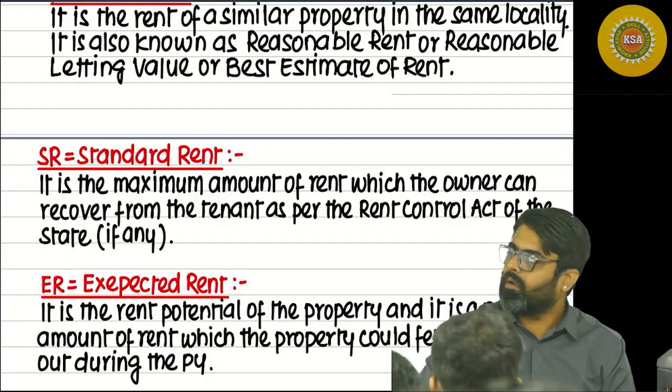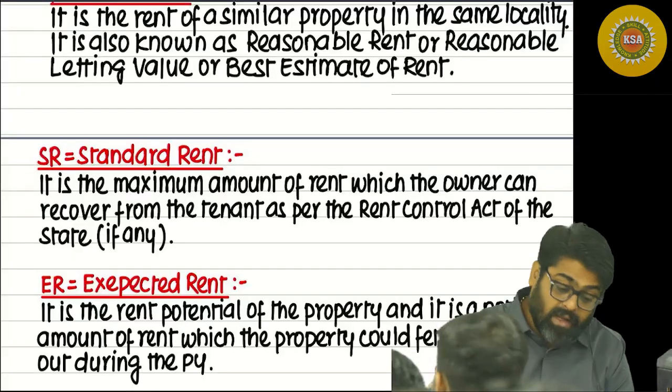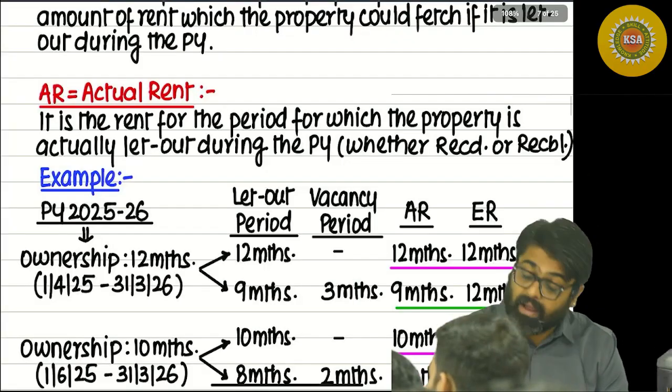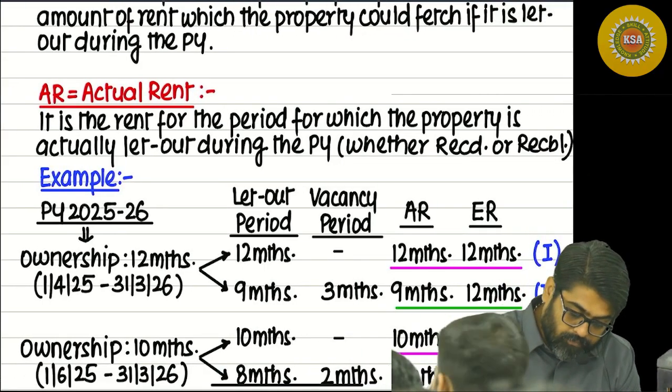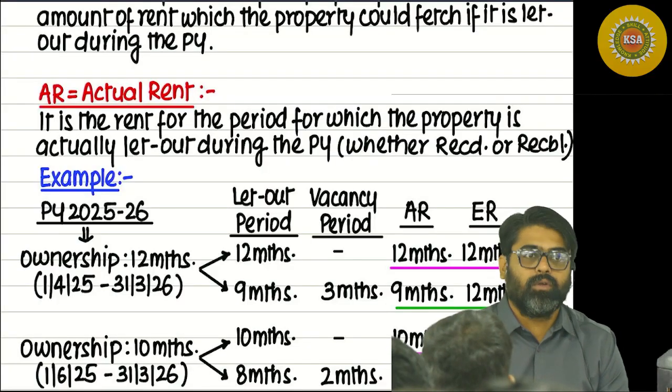These three figures will always be given in the question. Now, we have to know the meaning of actual rent, because in our format we have to calculate actual rent and introduce the amount of actual rent in the solution.